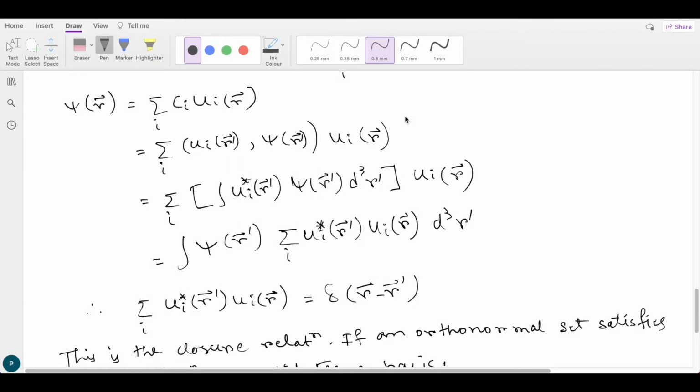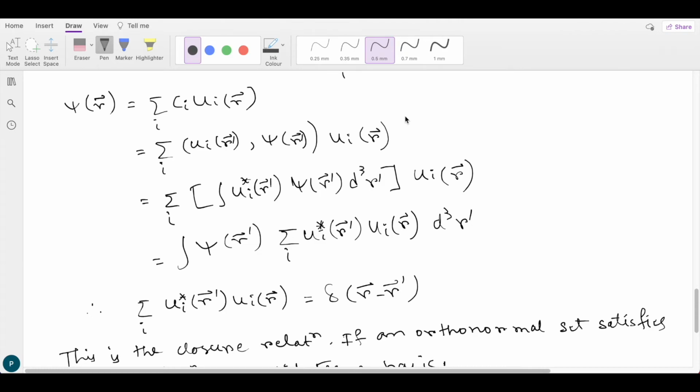From the above discussion, we have seen that wave function psi can be represented as the summation over i of ci ui, where ui are discrete orthonormal bases, and we know that ci is a coefficient of expansion, and that can be determined with the help of a scalar product or dot product of ui with psi.